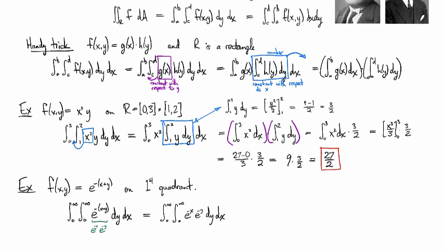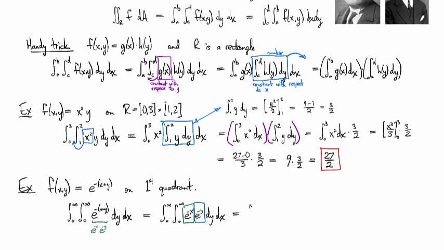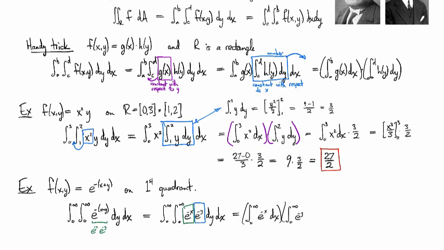And now we have something that looks like a function of x alone times a function of y alone. So we can split this, and then notice that the y and the x are just dummy variables. Those could be anything. So in particular, I could put either of them equal to t.